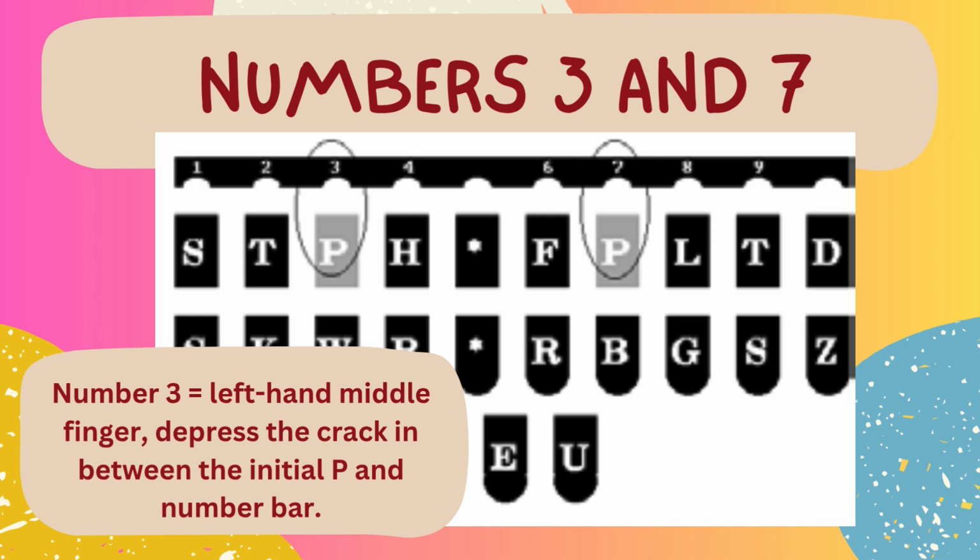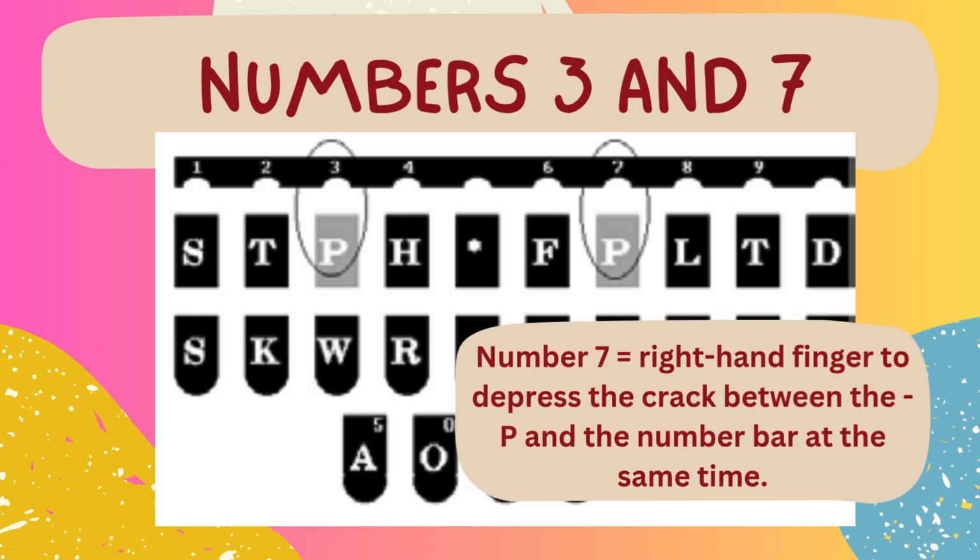Then for number 7, if for number 3 we're using the left middle finger, for number 7 we're still using what finger? It's the right hand middle finger.